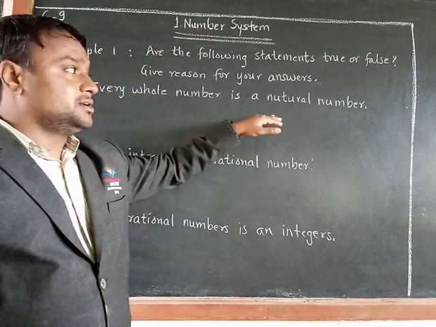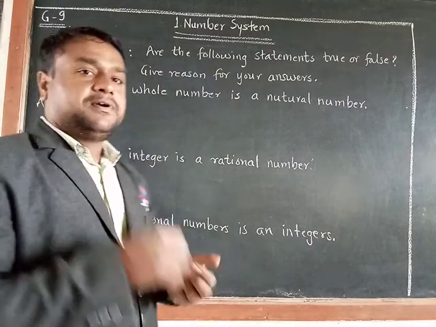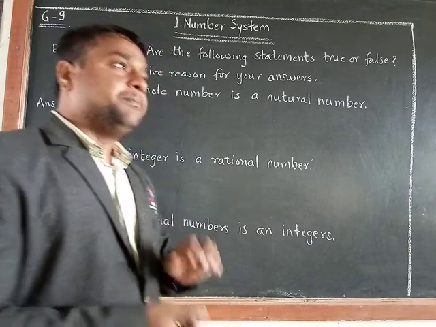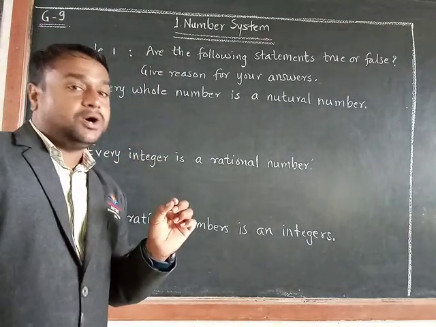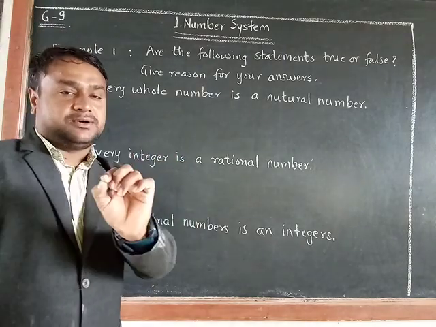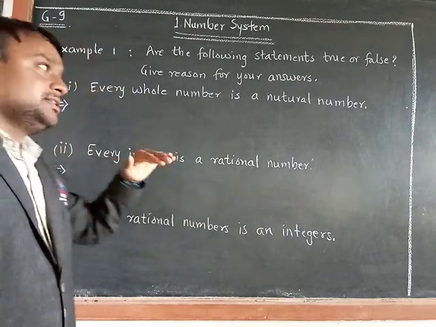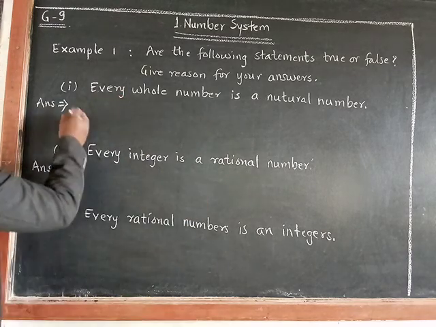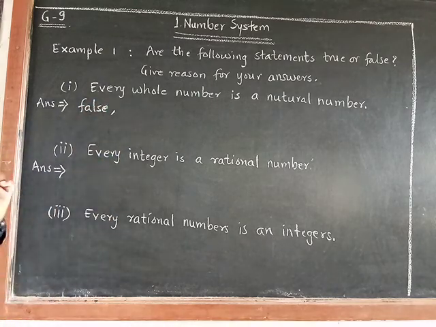But it is not true, because the natural numbers are the set 1, 2, 3, 4, 5, 6, 7, 8, 9, 10. But the whole numbers are the set 0, 1, 2, 3, 4, and so 0 is the difference here. 0 is the one number that is not included in the natural numbers. So the statement is not true here, so we can say that the statement is false.